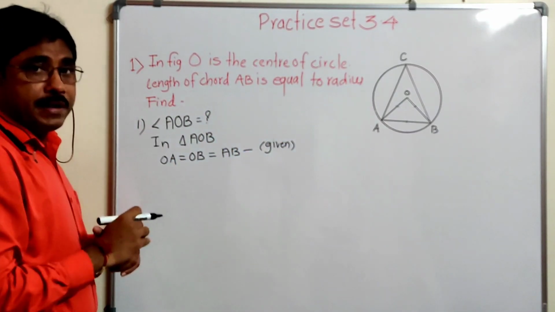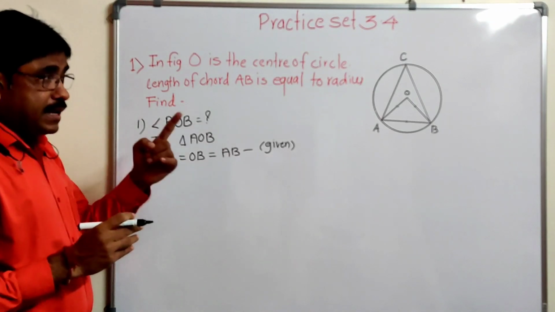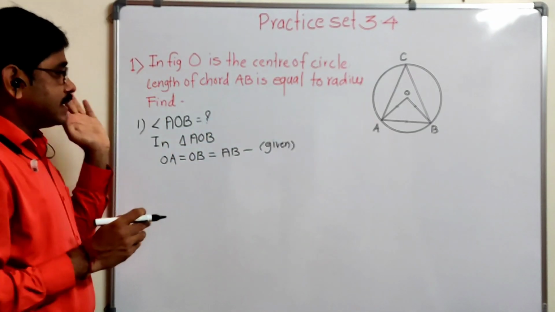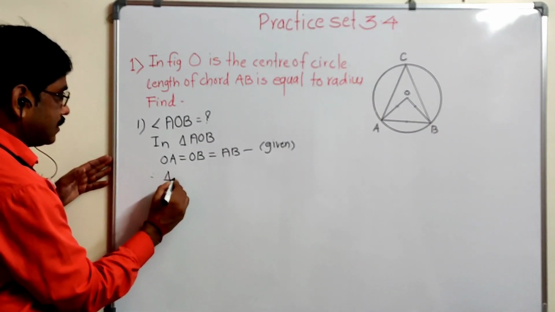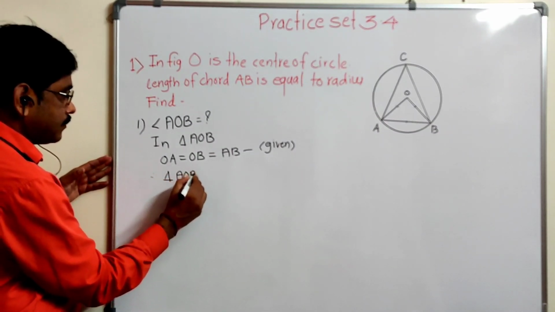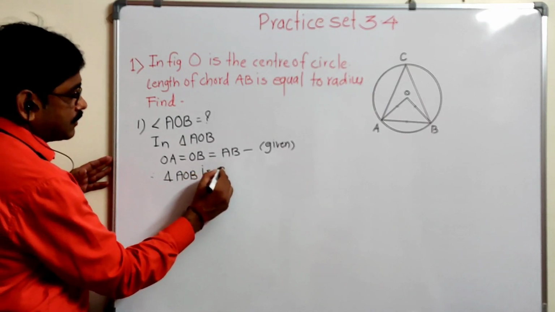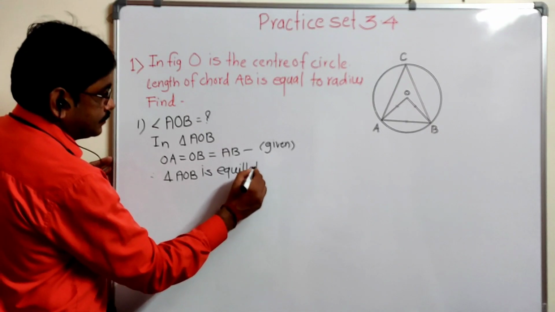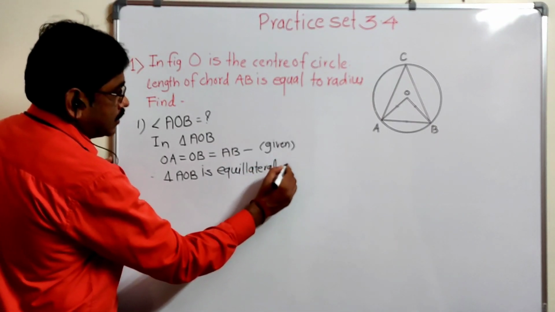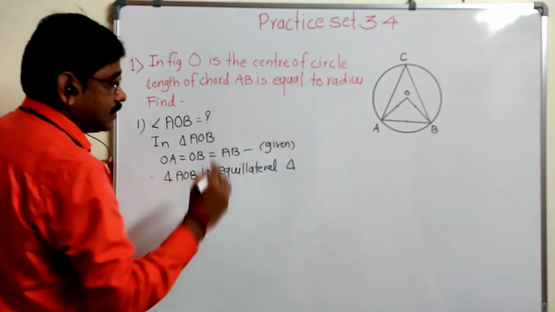OA and OB are radii, and chord AB is equal to the radius, and therefore triangle AOB is which type of triangle? It is an equilateral triangle.